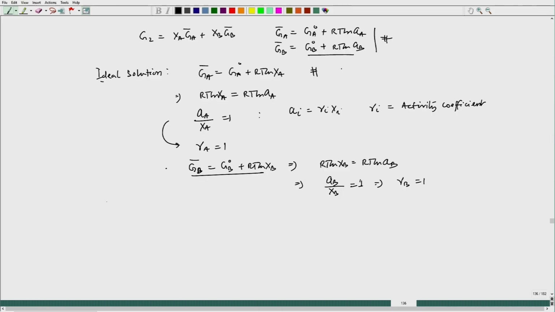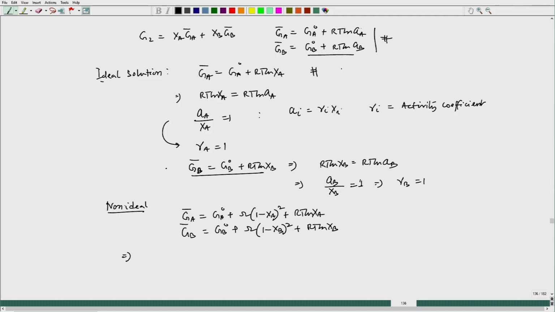Now, let us treat the non-ideal cases. For the non-ideal case we can compare, for example, Ga bar equal to Ga naught plus omega (1 minus Xa) squared plus RT ln Xa, and Gb bar equal to Gb naught plus omega (1 minus Xb) squared plus RT ln Xb.